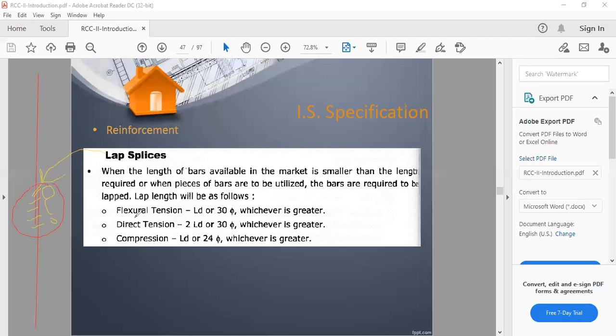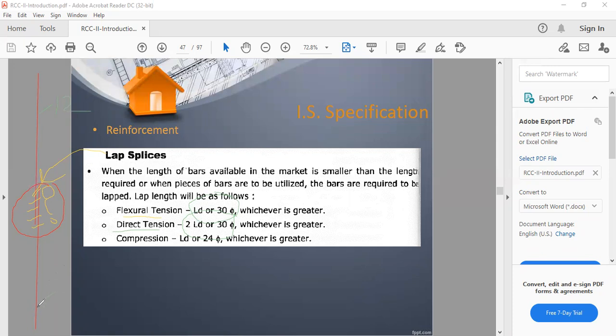If it is for flexural tension, you have to provide Ld, that is called the development length, or 30 times the diameter of the bar. If it is direct tension, again the same thing, 30 times the diameter of the bar, or the development length. There is a formula for development length, we'll see. But mostly 30 times the diameter of the bar should be the minimum. Suppose this bar diameter is 12 mm.